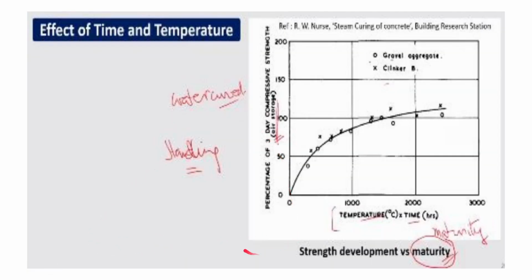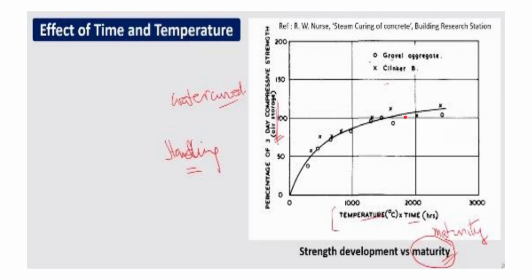So if you see the effect of time and temperature, here is the plot between percentage of 3-day compressive strength and the maturity, that is the product of temperature and time, as we studied earlier. You can see that beyond around 1500 degree centigrade hours, it is greater than 100% of the 3-day compressive strength.